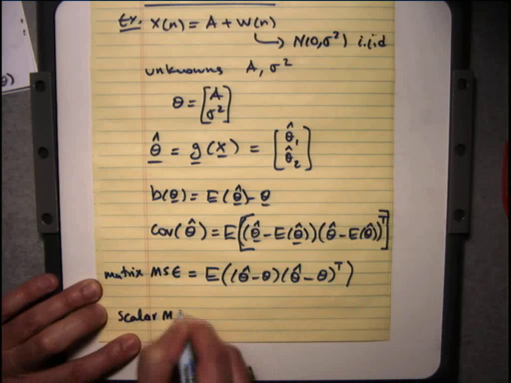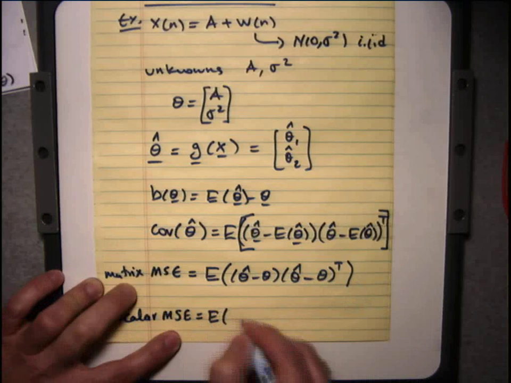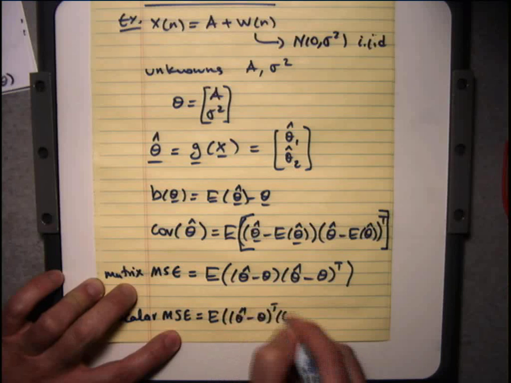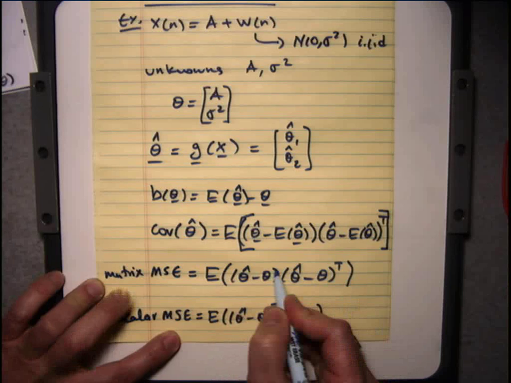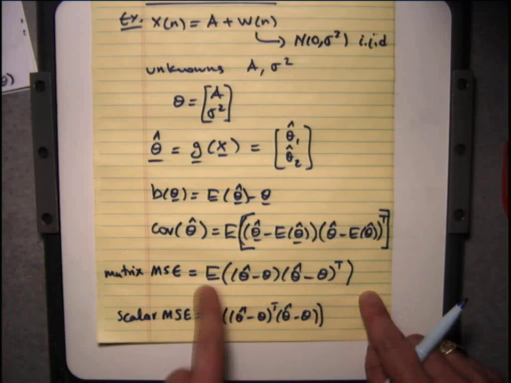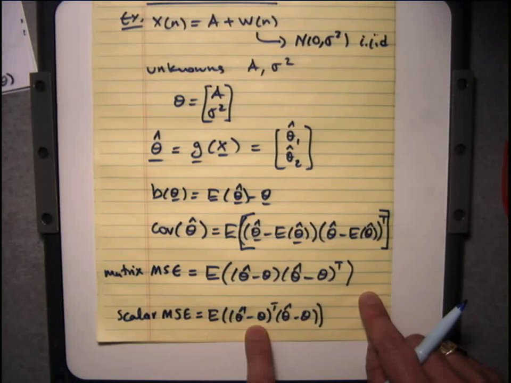Scalar MSE is the expected value of theta hat minus theta transpose, times theta hat minus theta. So the transpose goes here now. In the matrix case, this is an outer product of two vectors, so this is the expected value of a matrix. Here, this is the expected value of the inner product of two vectors, so this is a scalar now.